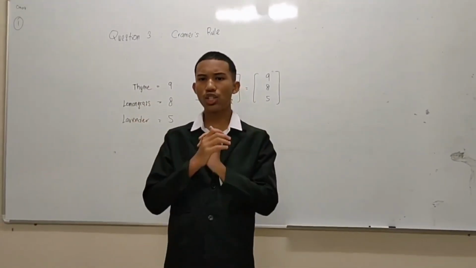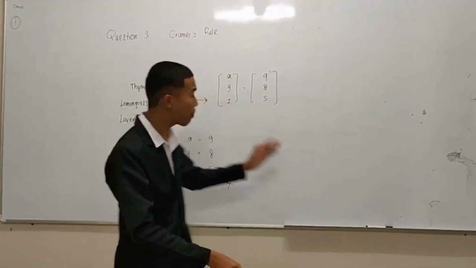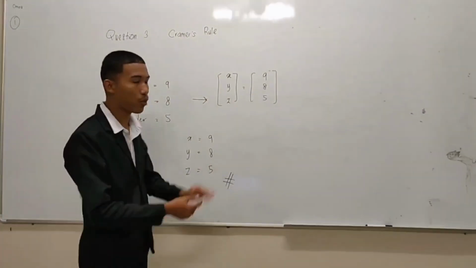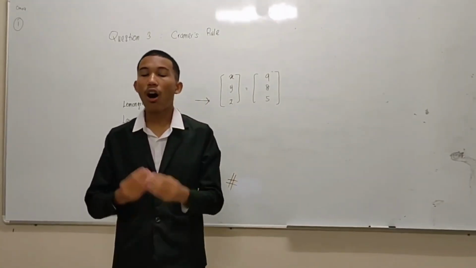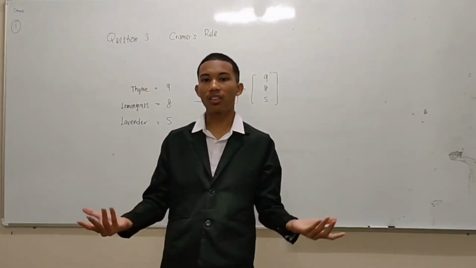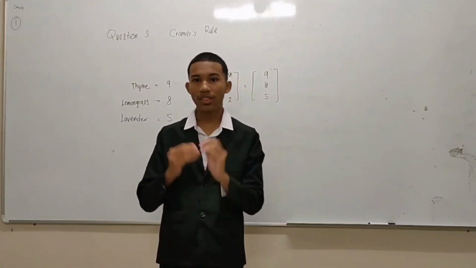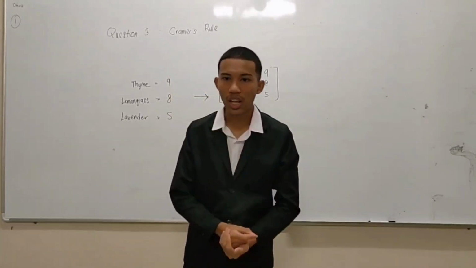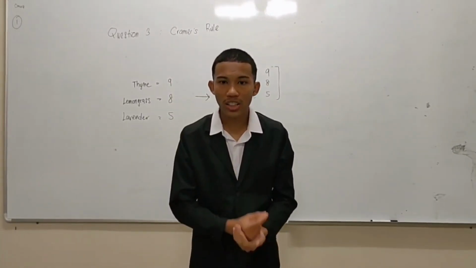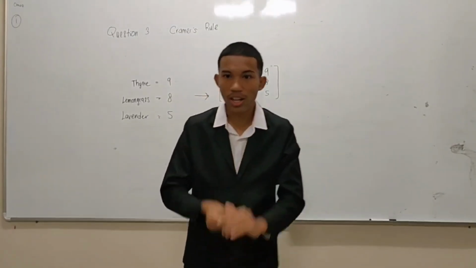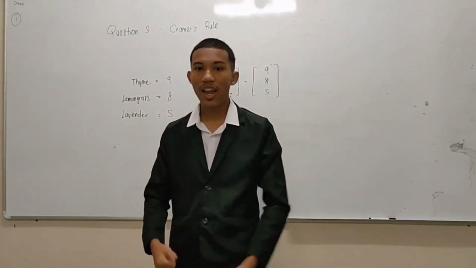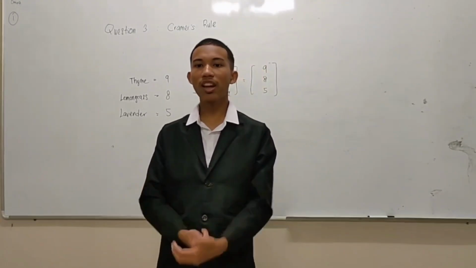This result shows that the shop requires 9 packs of thyme, 8 packs of lemongrass, and 5 packs of lavender to meet all the orders. Overall, this activity helps demonstrate how mathematical methods are not only theoretical but also useful in a real business situation, such as planning and ensuring customer demands are fulfilled.